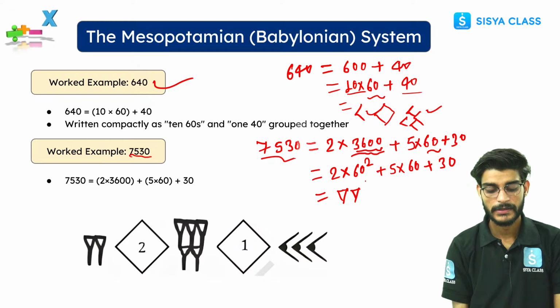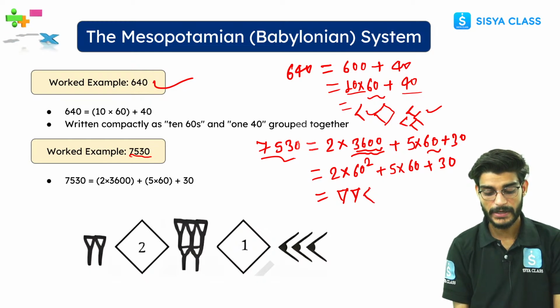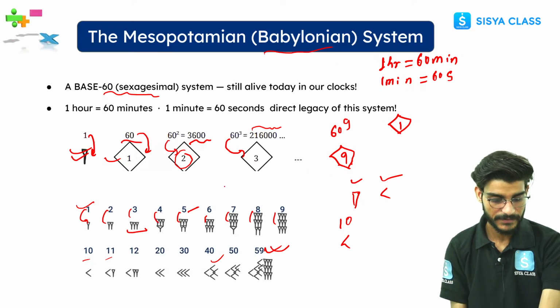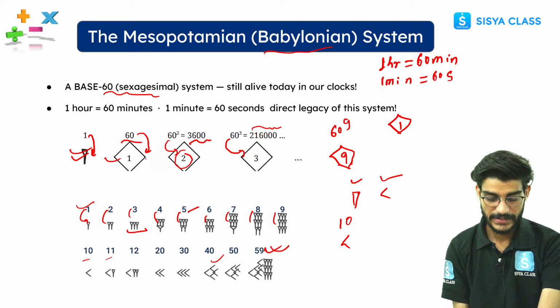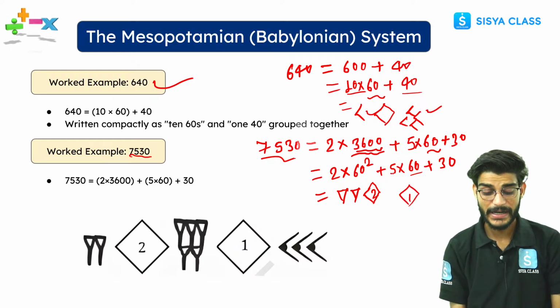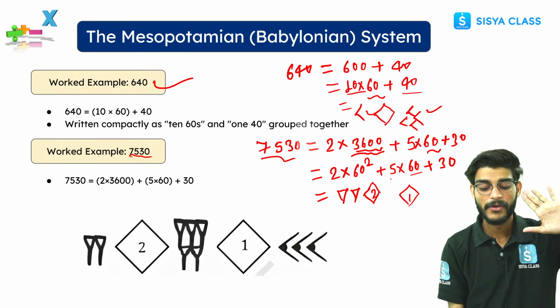For 2 into 60 square, I will make this symbol for 60 square and in between I will write 2. Right? This is 60 square. What about 60? What was the notation for 60? I have this notation. In between I will make 1. But I have to make 5 also.